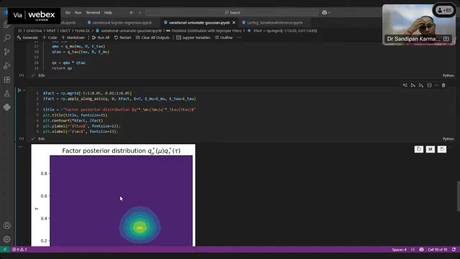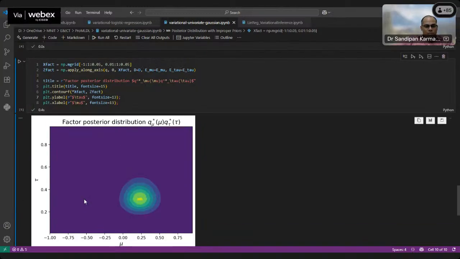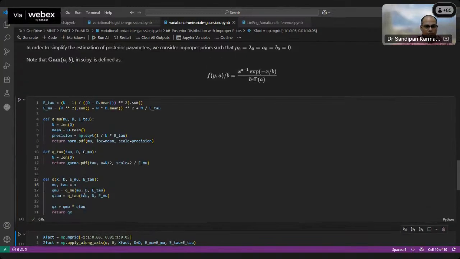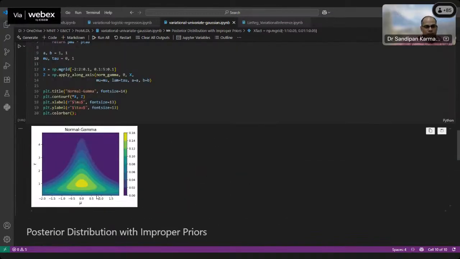I mean the values of mu and tau you are generating over iterations. Is it okay? I'll be sharing this with you, so please do some experimentation with this and try to create this kind of plot.